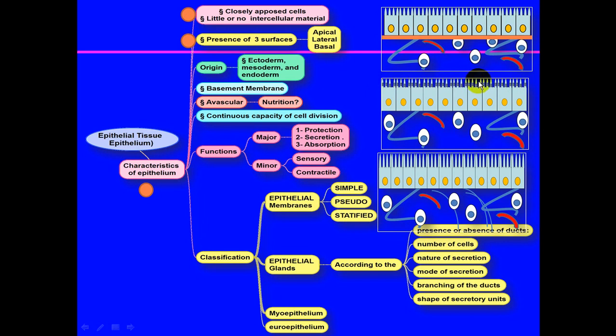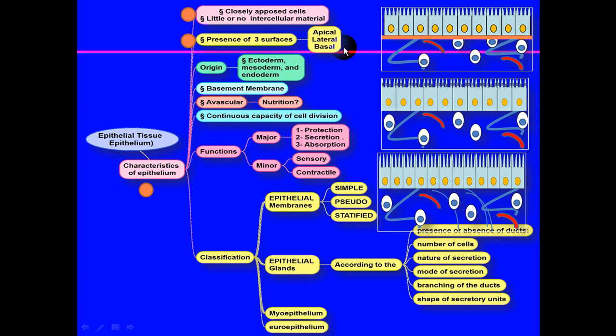They are responsible for the movement of particles or the movement of fluids. Here you have got another type of projection known as the stereocilia. The stereocilia are found in the epididymis. This is the organ which stores the spermatozoons.